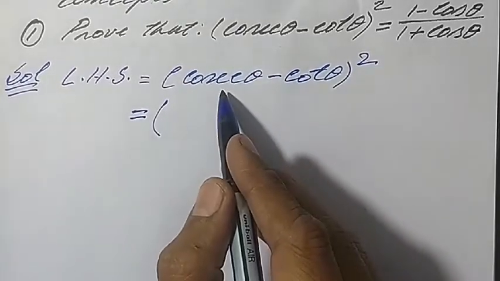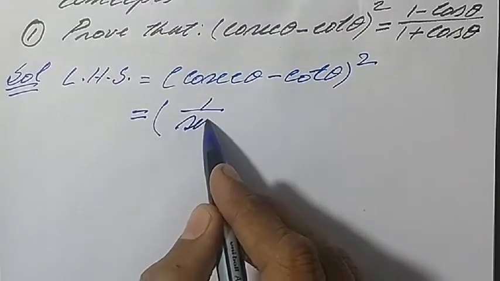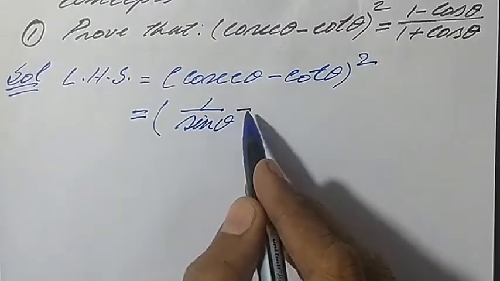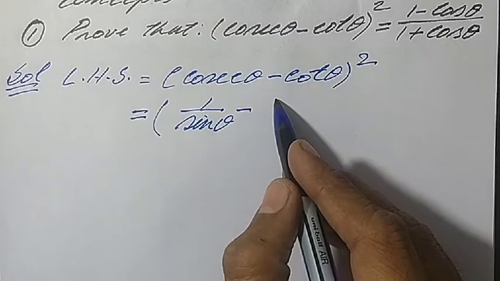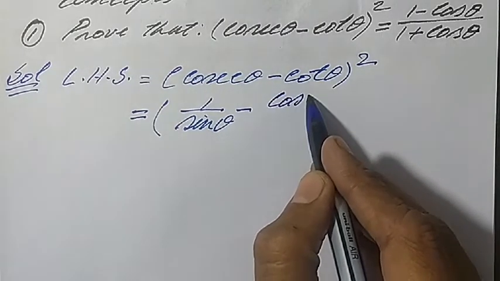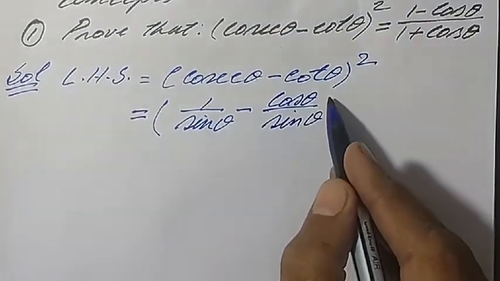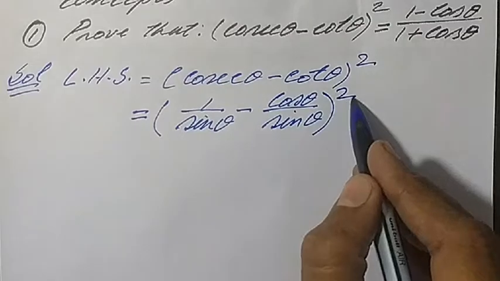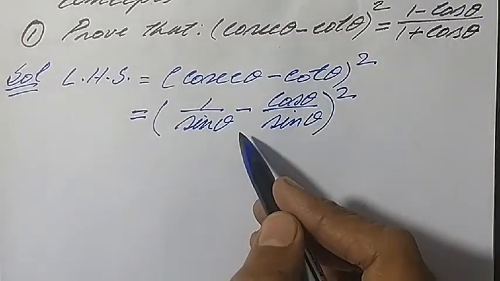Now cosec theta is the reciprocal of sine theta, so we may write it as 1 upon sine theta, minus, and cot theta is equal to cos theta upon sine theta, so we may write it as cos theta upon sine theta, and whole square. So basically we have written cosec theta and cot theta in terms of sine and cos.